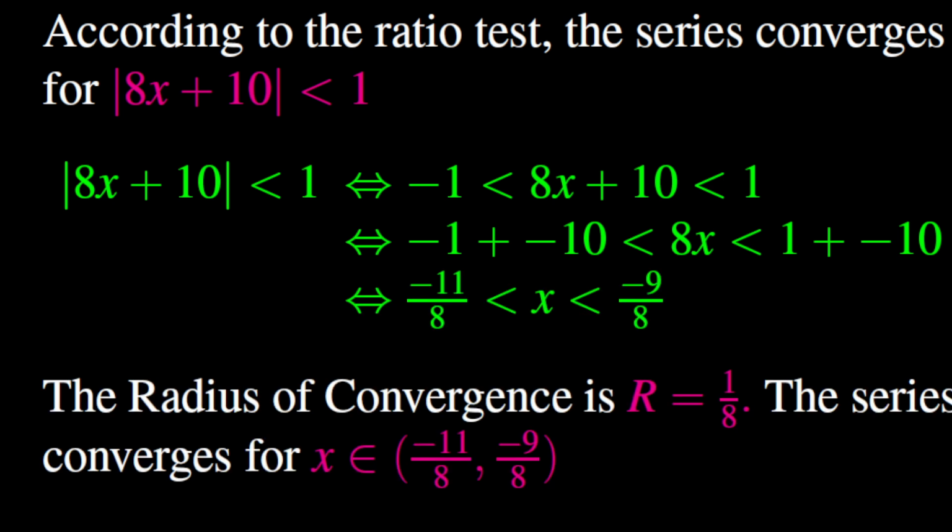This inequality can be further simplified to -11/8 < x < -9/8. Consequently, the radius of convergence is equal to 1/8. The series converges for x in the open interval with endpoints -11/8 and -9/8.